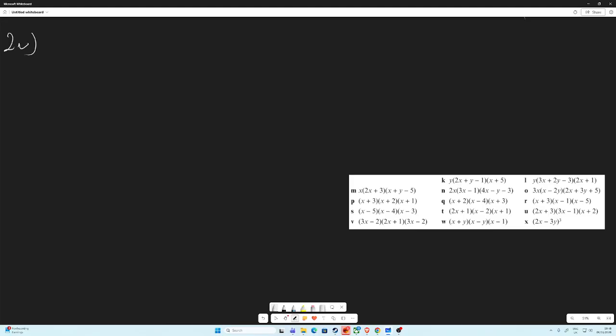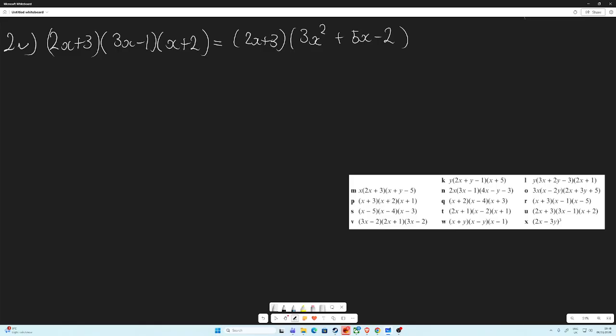So that's going to be 2x plus 3 times 3x minus 1 times x plus 2. Let's be careful because there are coefficients, so I'm going to do 2x plus 3 times 3x squared plus 6x minus x is plus 5x minus 2. Nothing changes here. It's the same method, 3x squared plus 5x minus 2, 2x plus 3.